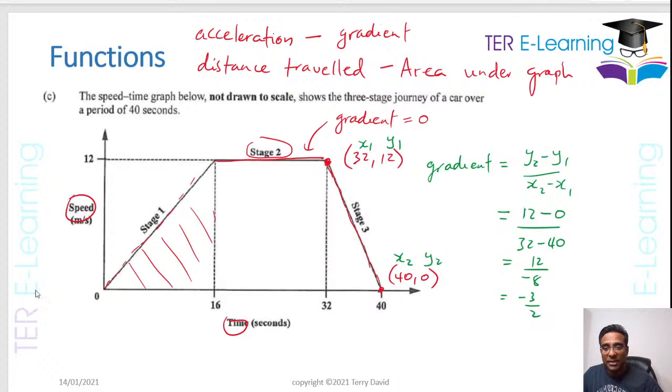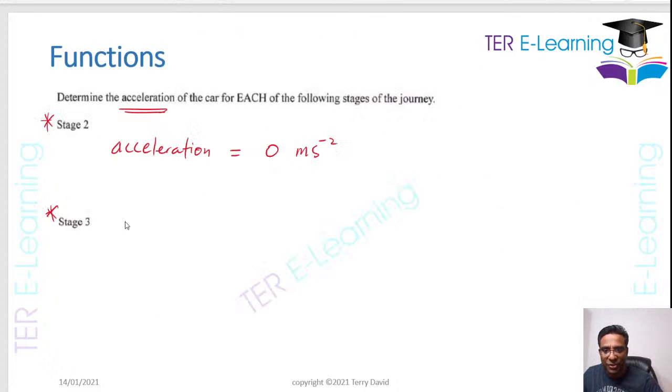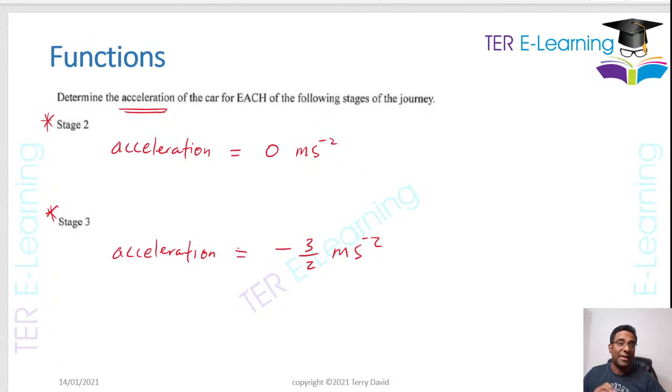So therefore, my acceleration is simply equal to minus 3/2 meters per second squared. So you have to be able to find the gradient of these things.